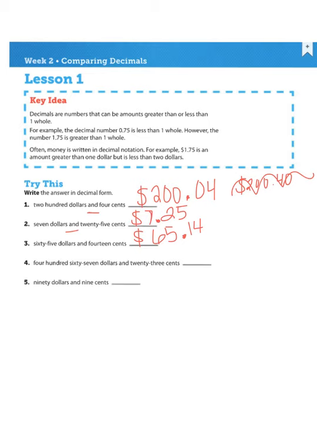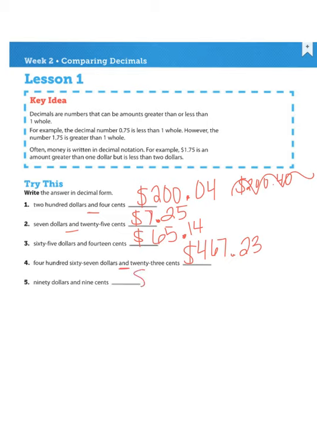Number 4, $467.23. So I'm going to write 467 and put your decimal point, 23 cents.